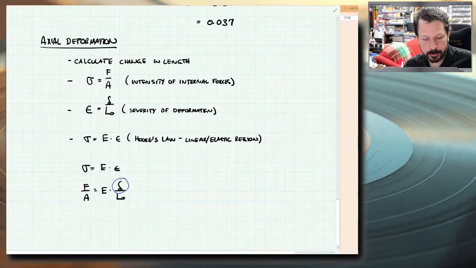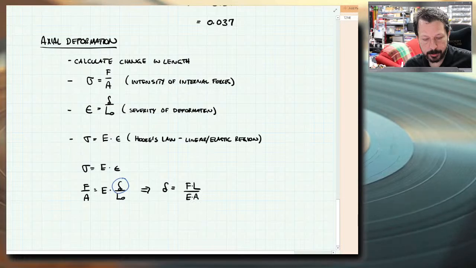So I'm just going to solve for delta. So delta equals FL over AE. And so it kind of spells flea, sort of. I guess if I did EA, it would spell flea better. For some reason, I always do AE. There we go. Now it looks more like flea.